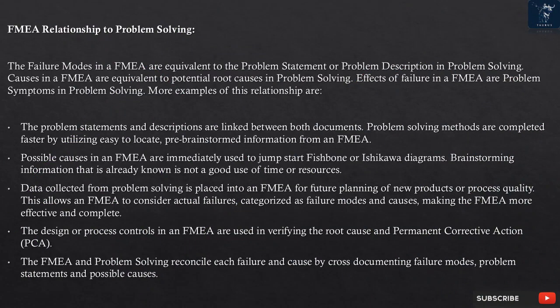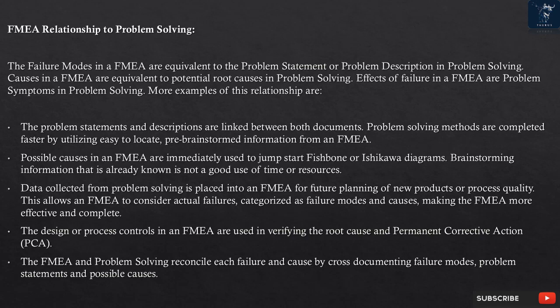FMEA relationship to problem solving. The failure modes in a FMEA are equivalent to the problem statement or problem description in problem solving. Causes in a FMEA are equivalent to potential root causes in problem solving. Effects of failure in a FMEA are problem symptoms in problem solving.